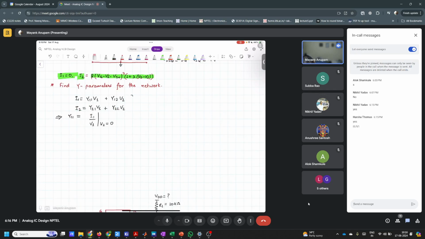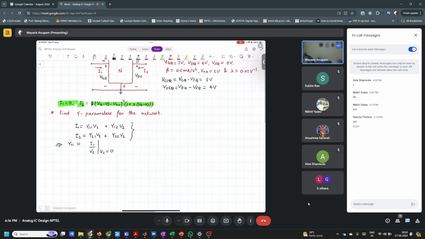We are interested in small signal Y parameters, right? So it should be clearly mentioned here: the small signal Y parameters.